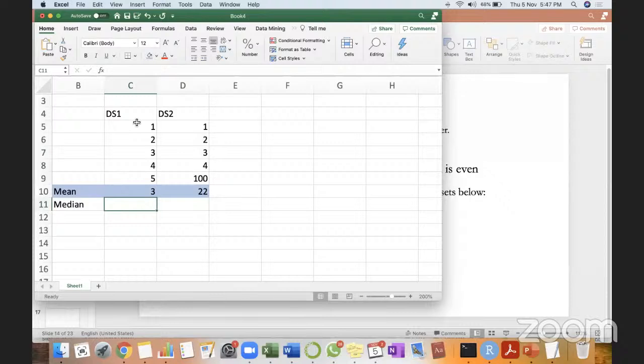Now tell me, what is the median for this data set? DS1. 3. Exactly. For the second data set, DS2, what is the median?